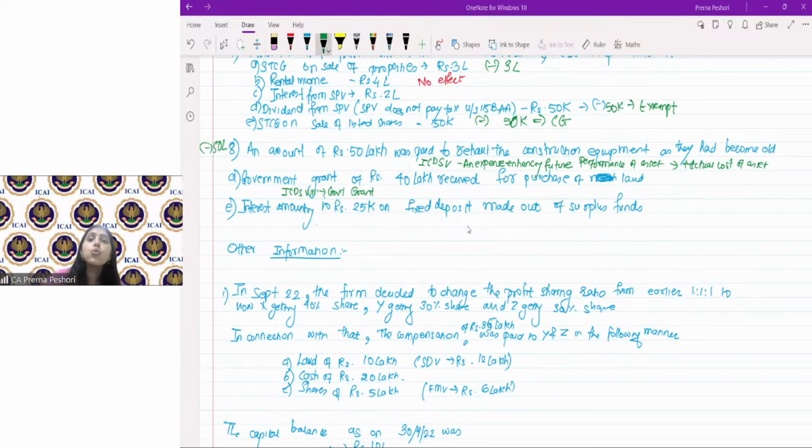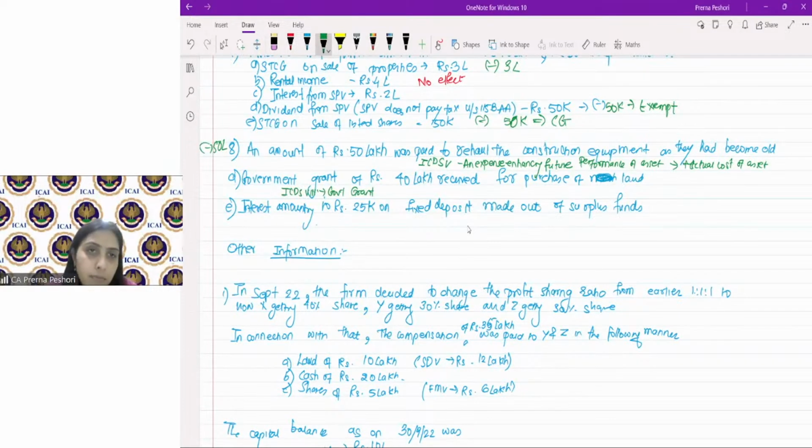So 2(24) includes the grant received for the non-depreciable asset. For the depreciable asset, you have to reduce it from the actual cost.